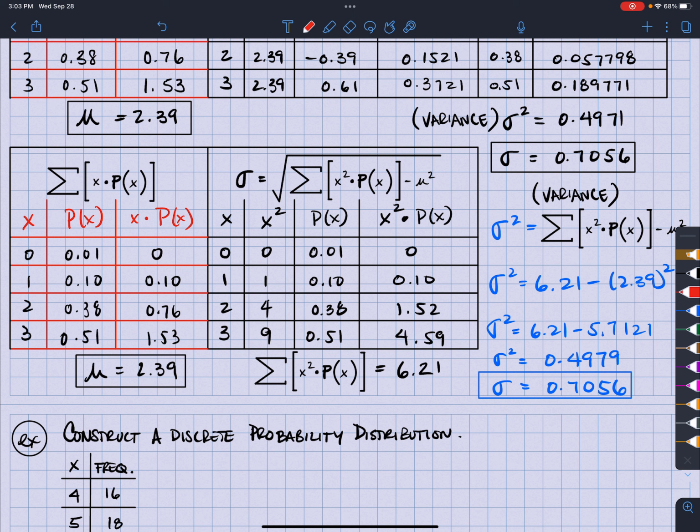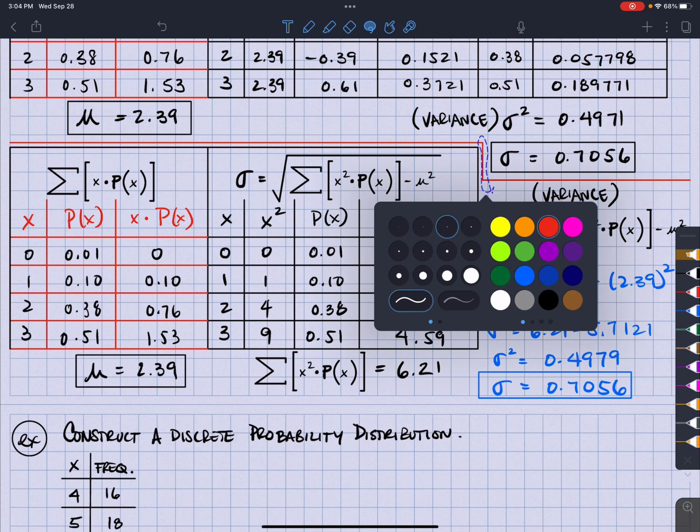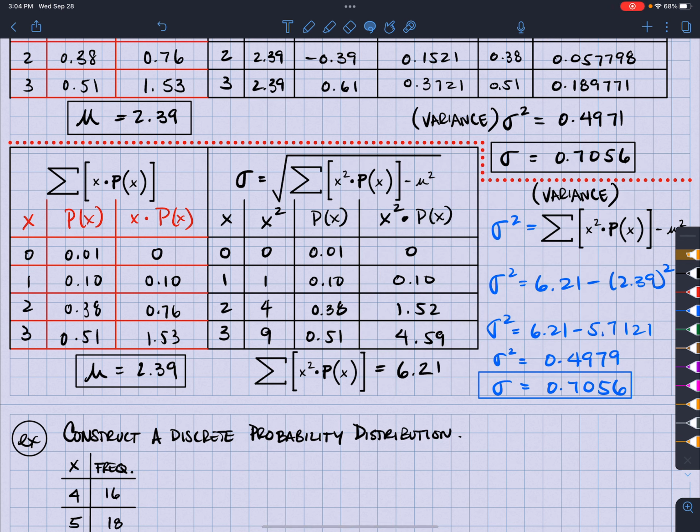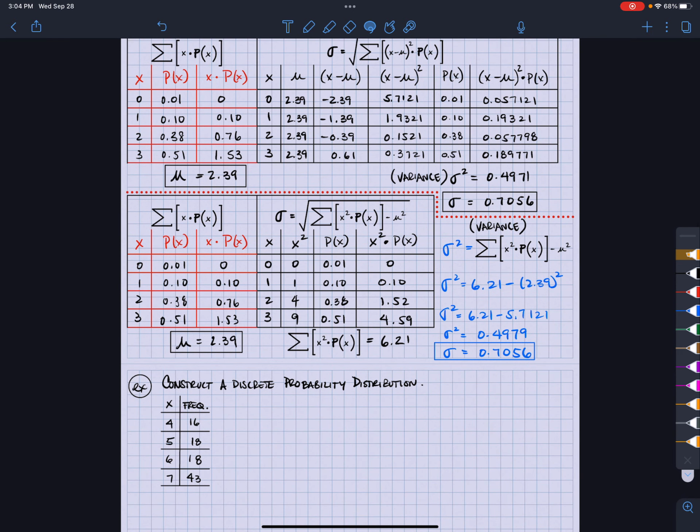I'm going to put a big fat line right here, and then right here, and then right here. This way you can see it's two different methods there.